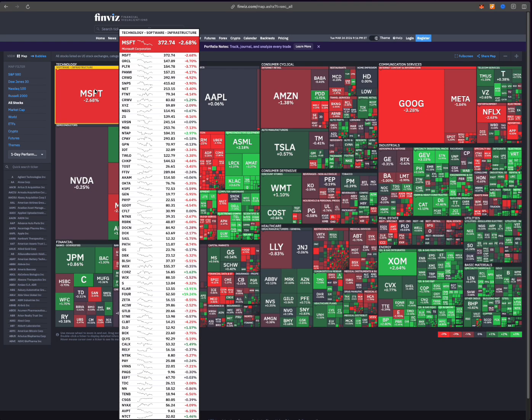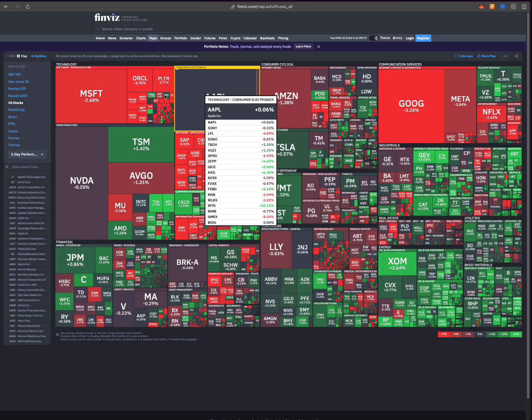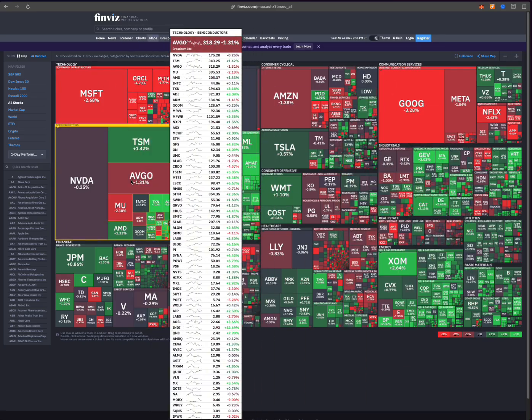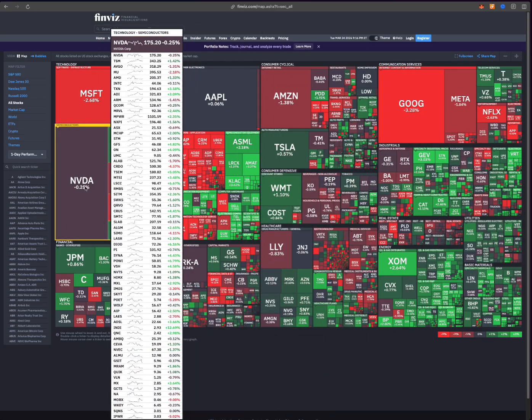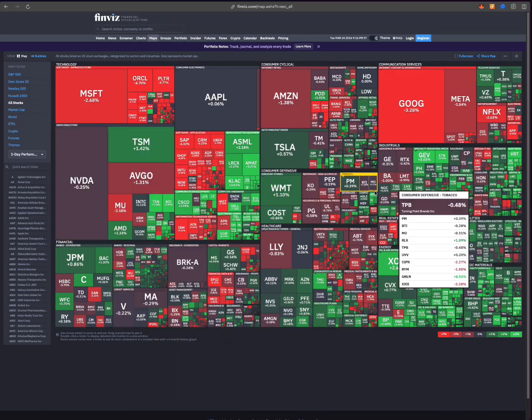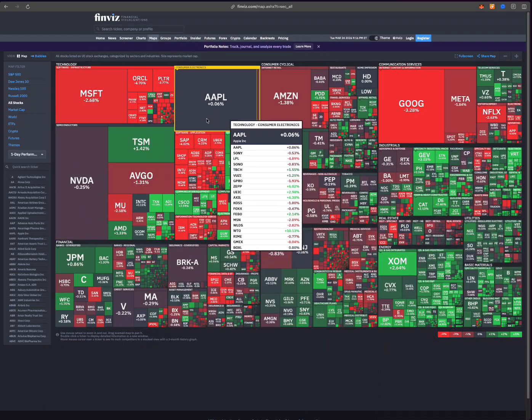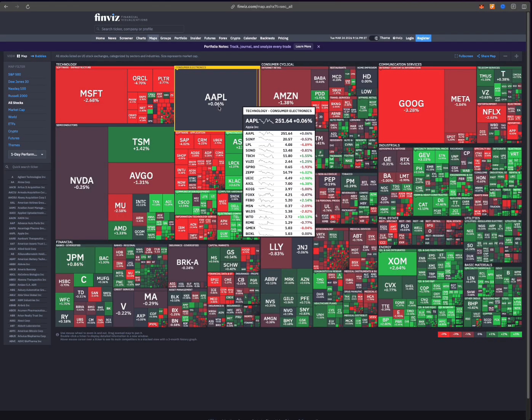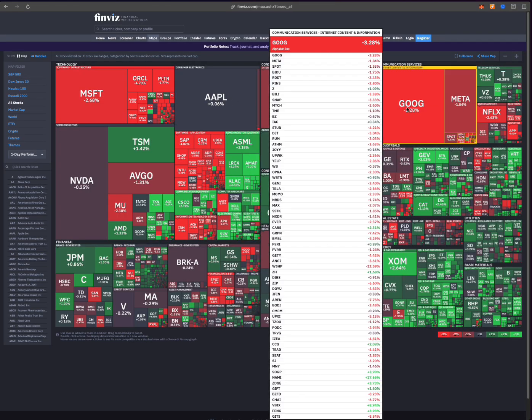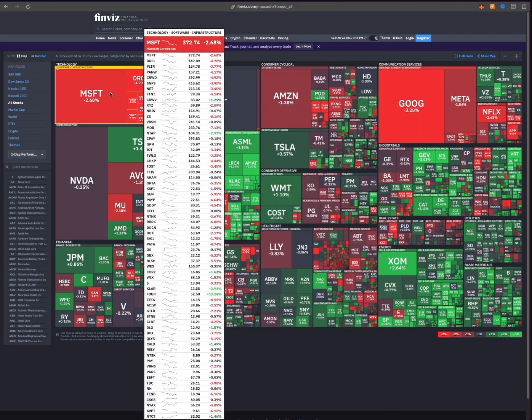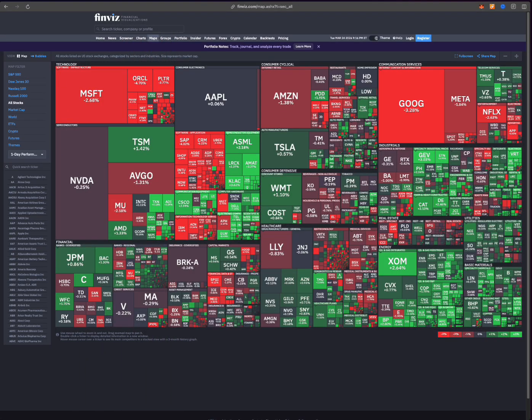Microsoft is big, really big. Oracle and Co. Also in the semiconductor sector, Nvidia is the biggest, and in terms of market cap, Nvidia is like the number one company out there in the market, and then Apple as well. Then you have Google. You see, they are all big because their market caps are big.